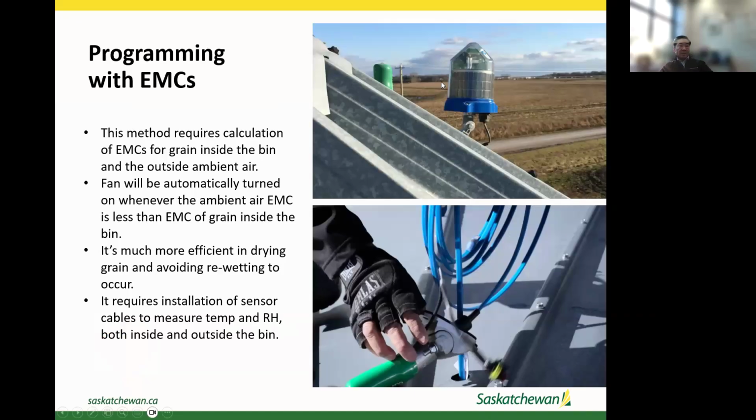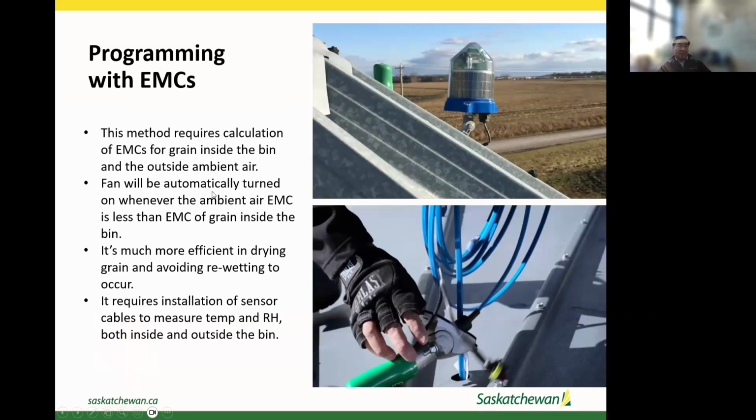And the third one is programming with the EMC. This method requires a calculation of the EMC for the grain inside the bin and the outside ambient air. They use temperature and relative humidity sensors to calculate the EMCs.